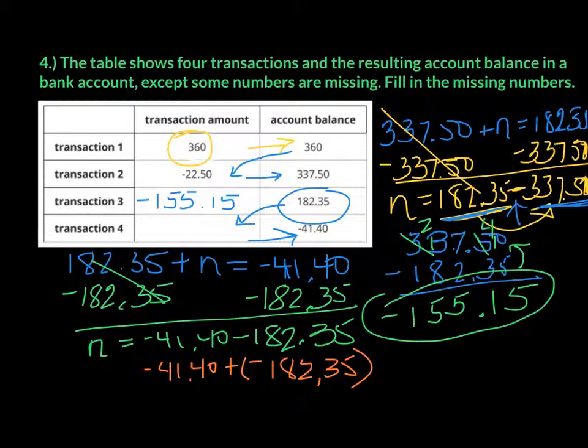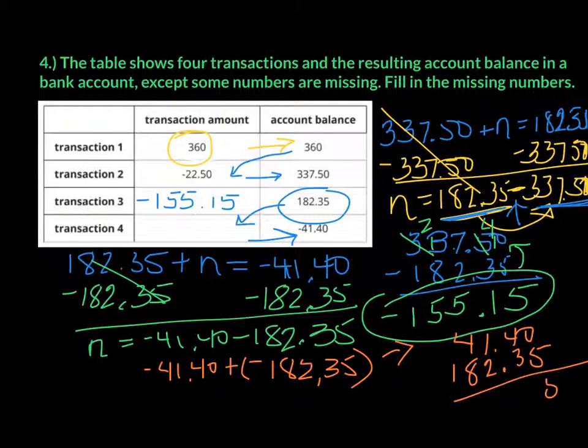Now my signs are the same, find the sum. So I get to come right over here and add them together. 41.40. Make sure that we stack those decimals on top of each other. Oops, sorry about that. And 182.35. I'm going to add them up.